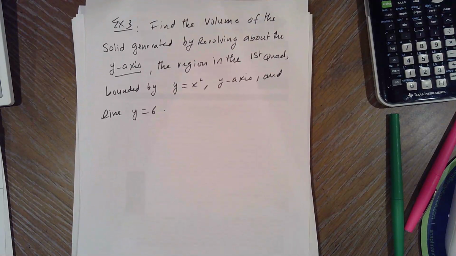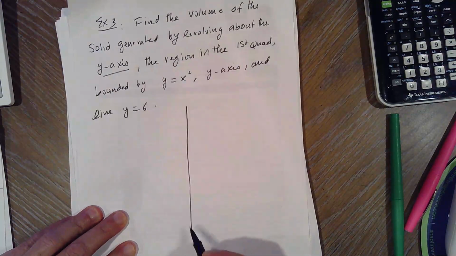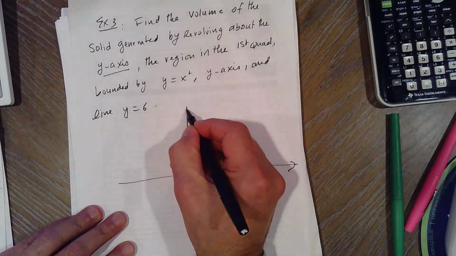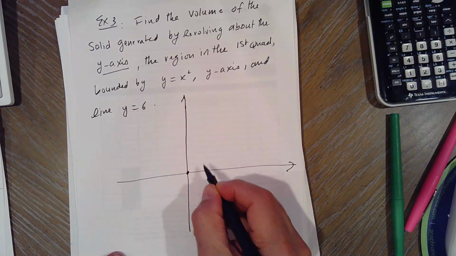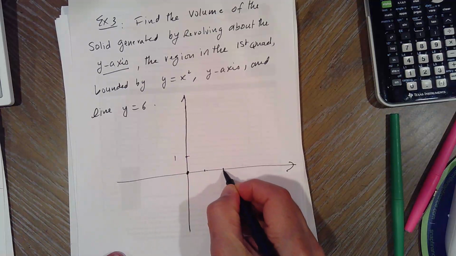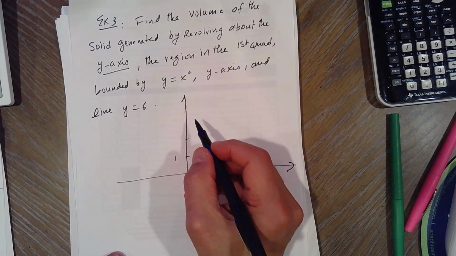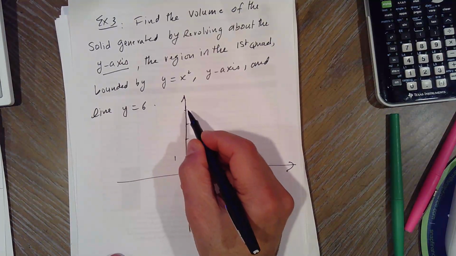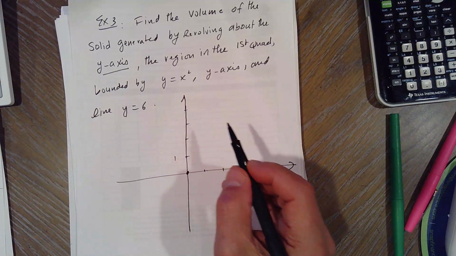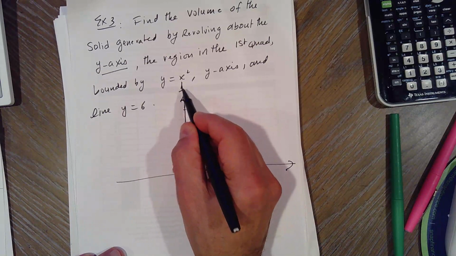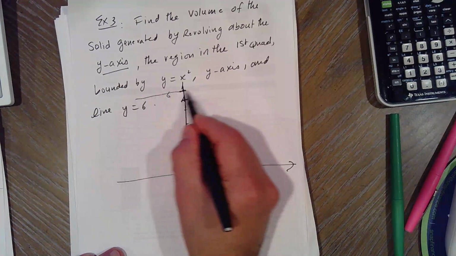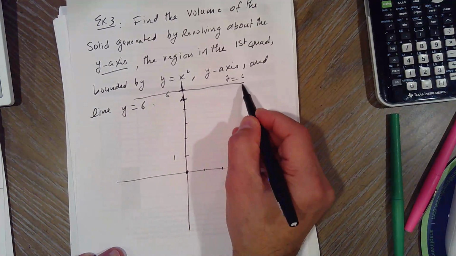Okay, so let's graph that region. y equals x squared in the first quadrant: 0, 0, 1, 1, 2, 4, and the line y equals 6. So this is the line y equals 6.